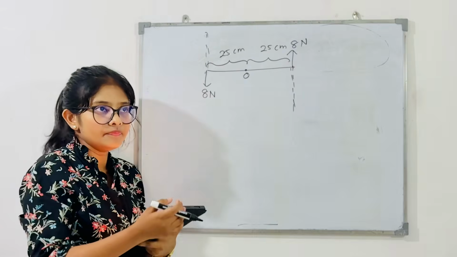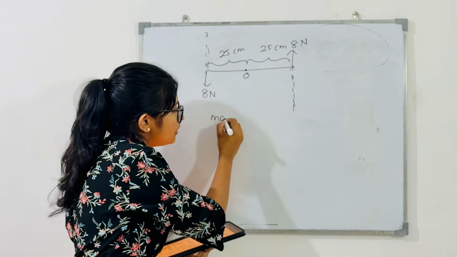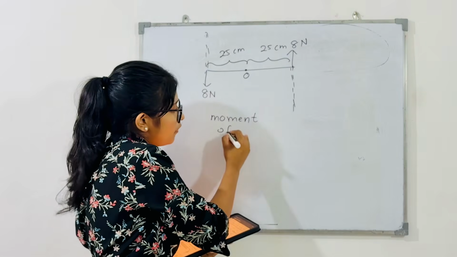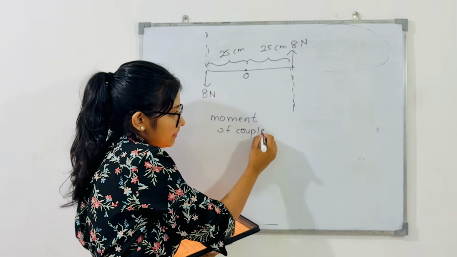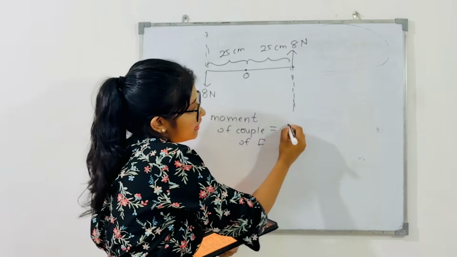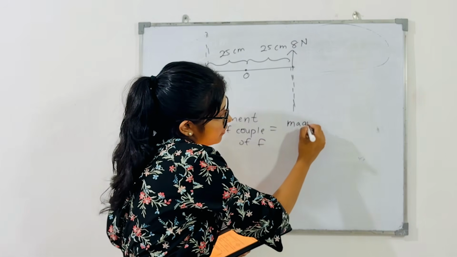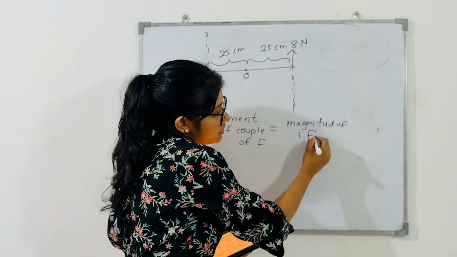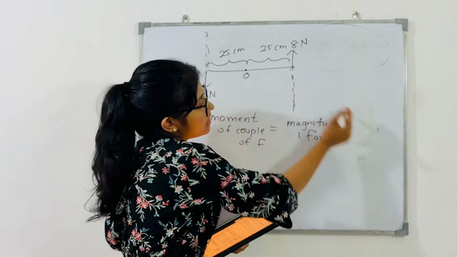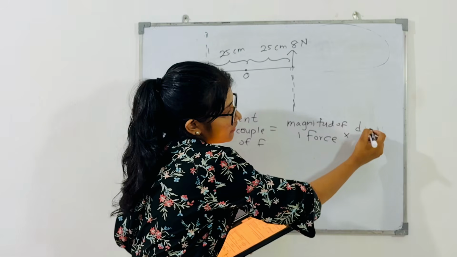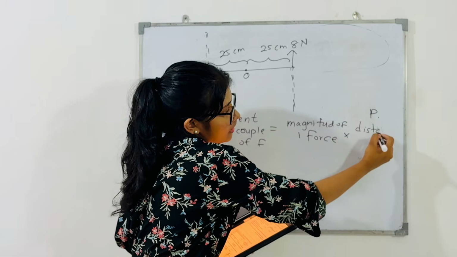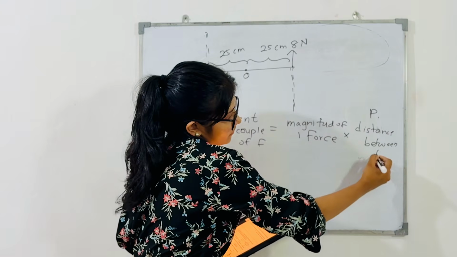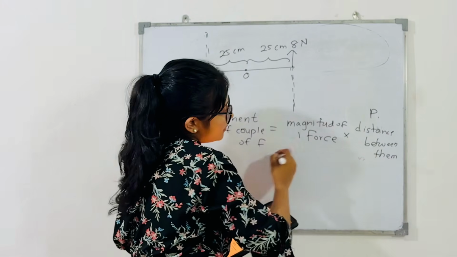When finding the moment of a couple of forces, it will be different from the normal equation. Moment of a couple of forces is taken as the magnitude of one force, because both have the same value, multiplied by the perpendicular distance between them.